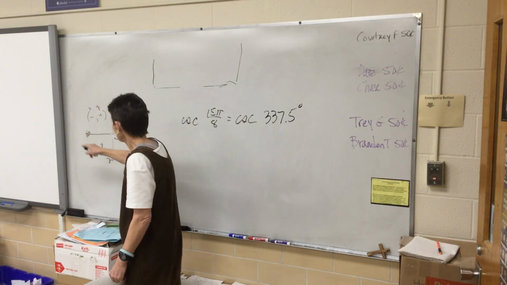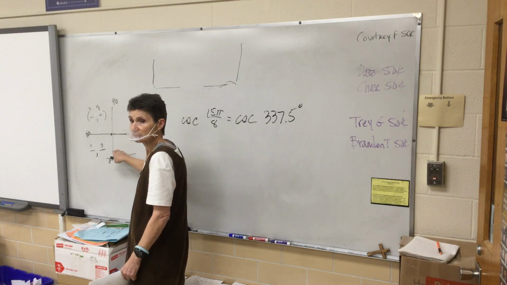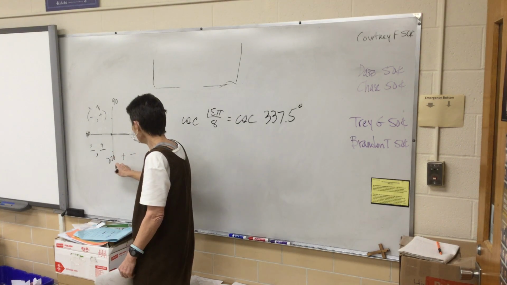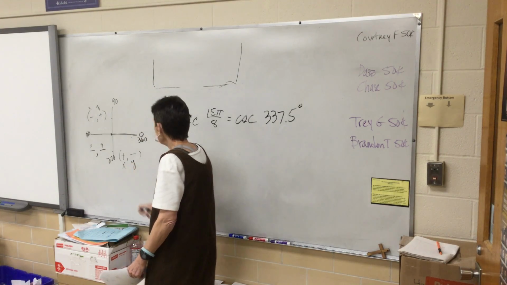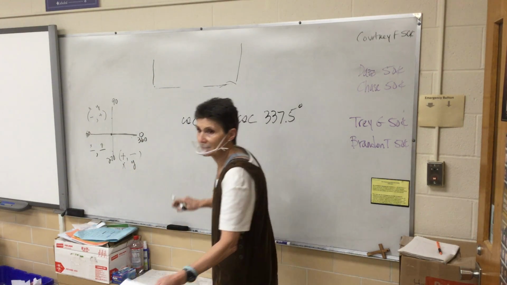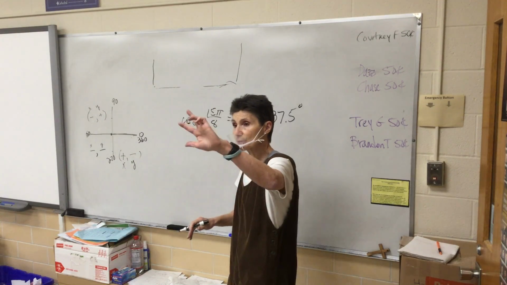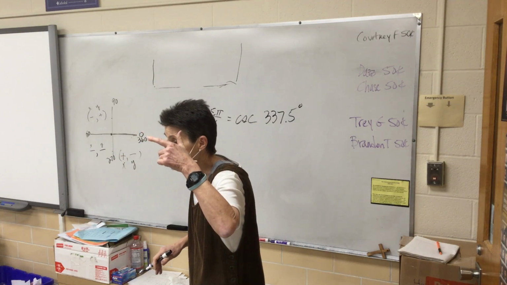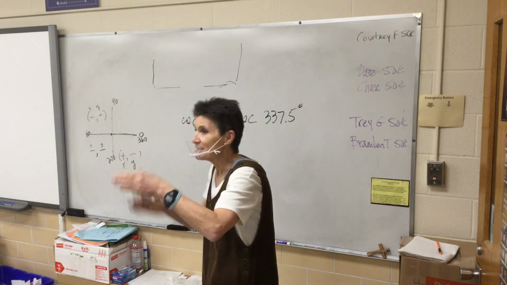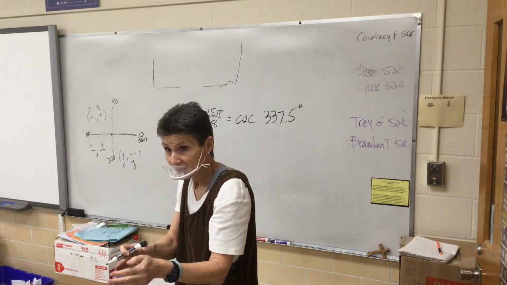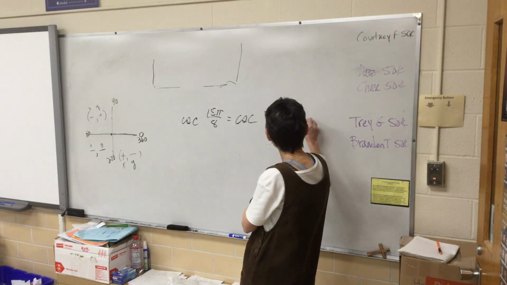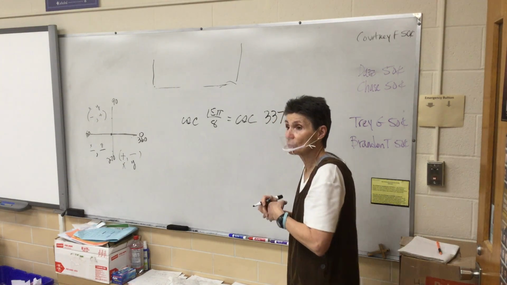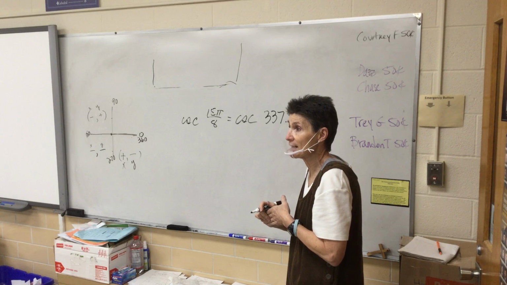Where is it? Here? So here are my points, my x and my y. Now, cosecant is the reciprocal of what? Sine. Sine is y, so I look at y. So the y is negative, so the cosecant of 337.5 is negative.